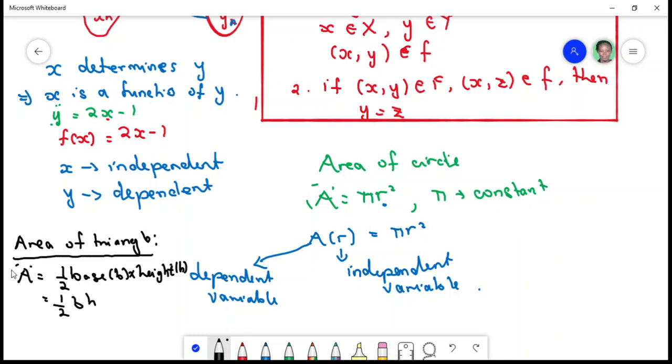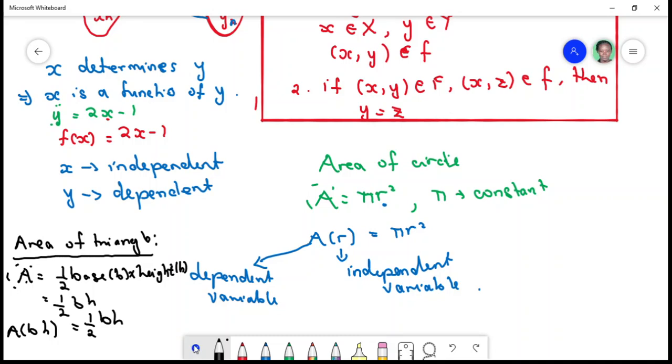You realize that if this was a function, then my area depends on the base and the height, which is 1 over 2 b h. So my b and h are independent. Then A, the area of a triangle, is the dependent variable because it depends on the base and the height.